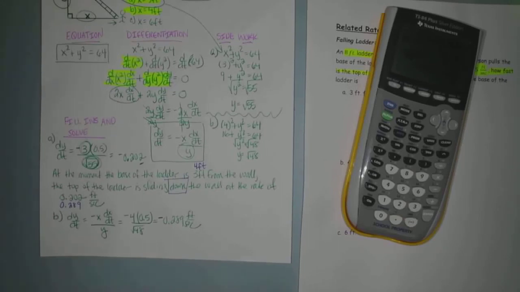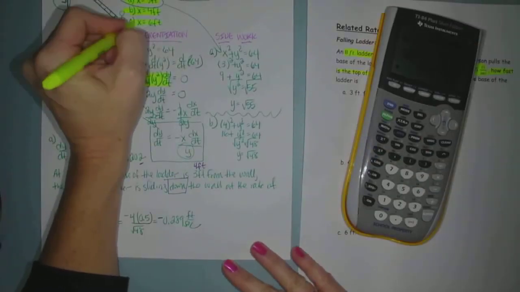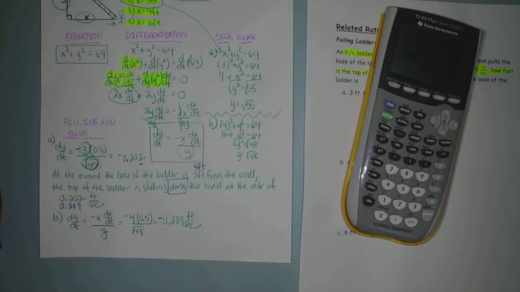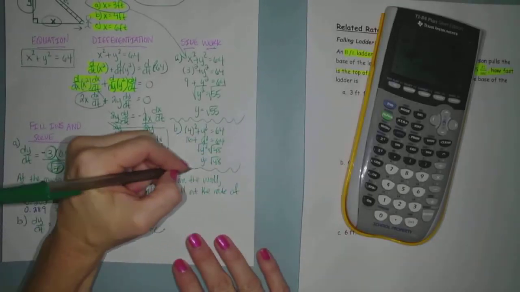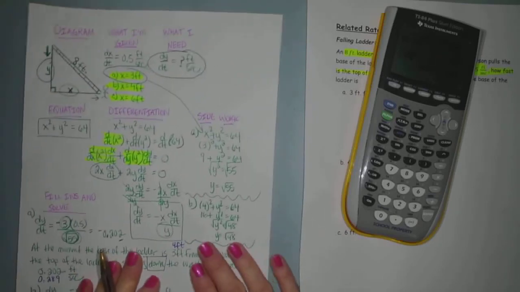Okay, and last but not least, for part C, when the base of the ladder is 6 feet from the wall, then how quickly is the ladder sliding down the wall? And again, that's just going to take one more piece of side work. So this is getting kind of messy.